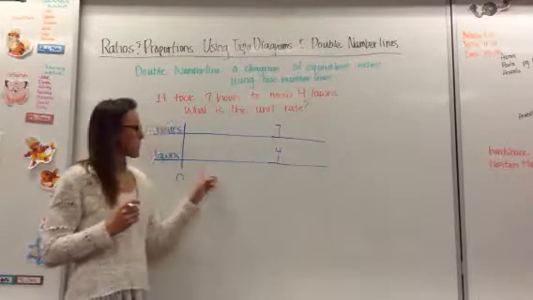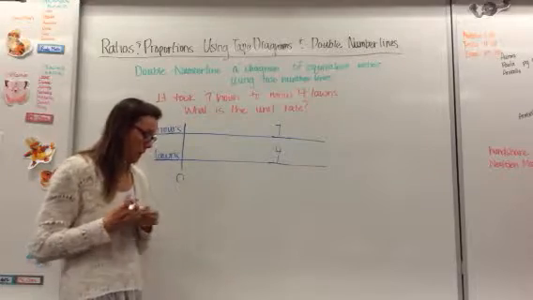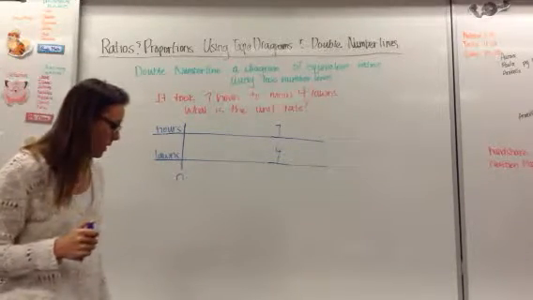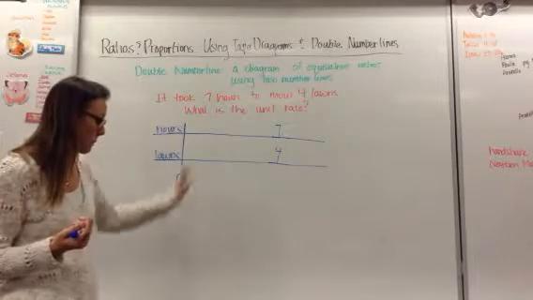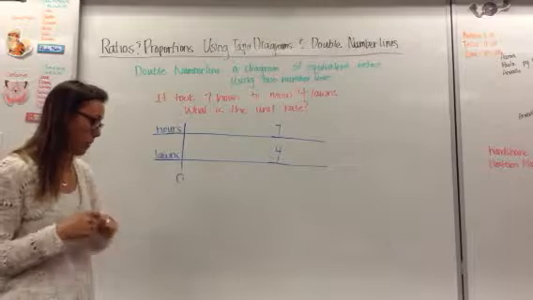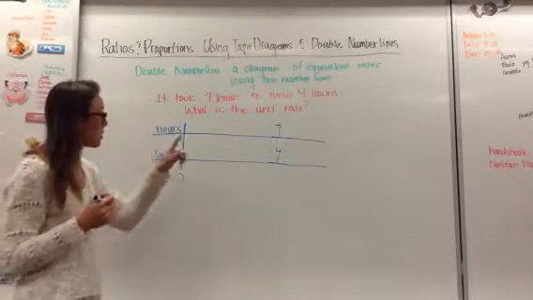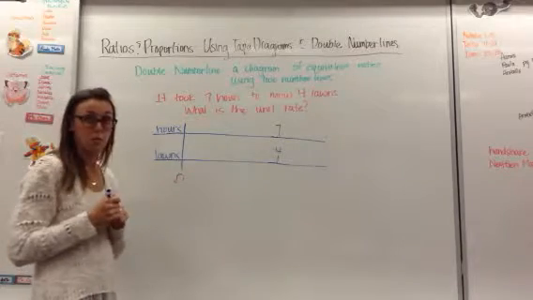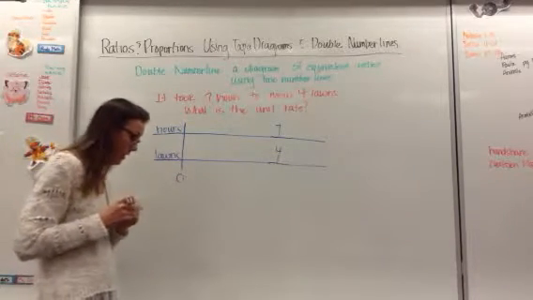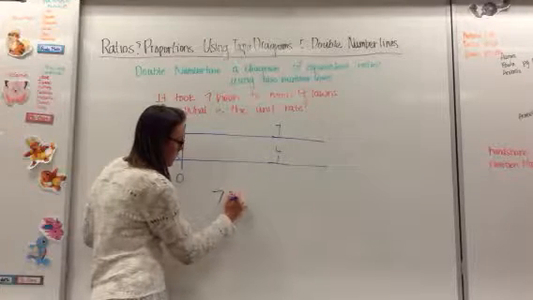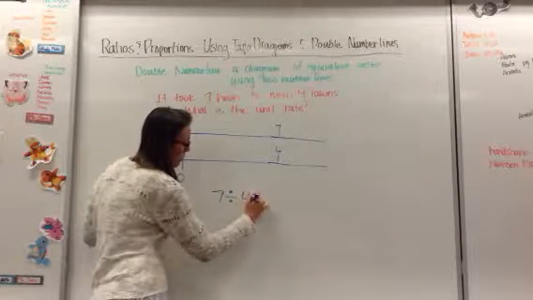It should be clear from looking at the diagram that in order to find the unit rate, you will have to partition the numbers, divide the numbers by hours and the number of lawns. So what would this be? 7 hours divided by 4 lawns. So the equation would be 7 divided by 4.